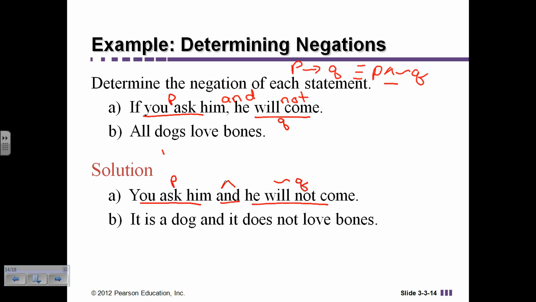Same thing up here. It's a dog is the antecedent, loves bones is the Q, or the consequent. It's a dog is the antecedent, and is the symbol, and does not love bones is not Q.